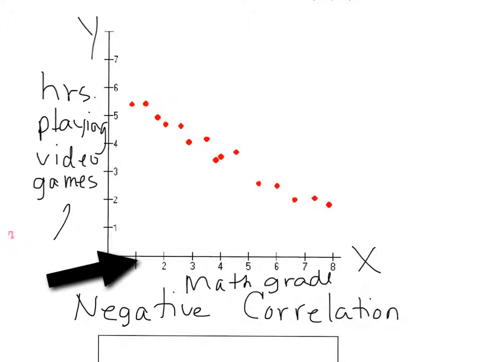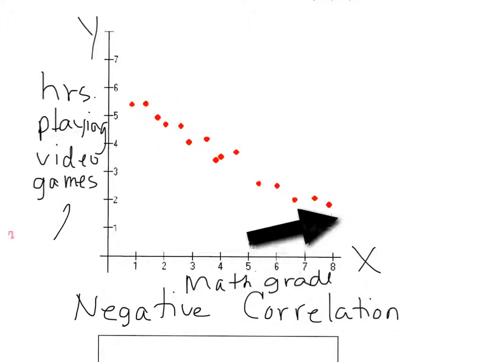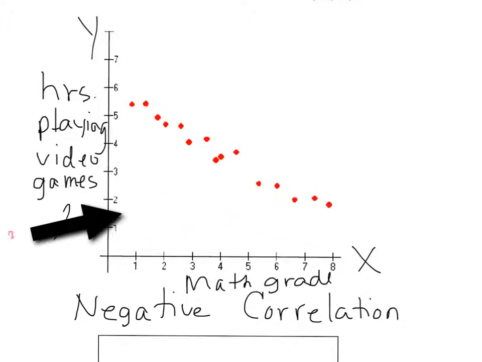Whereas the lower your math grade is, you probably spent more hours playing video games. The higher your math grade is, the less time you spent playing video games. So that would be considered a negative correlation. The data tends to go down.